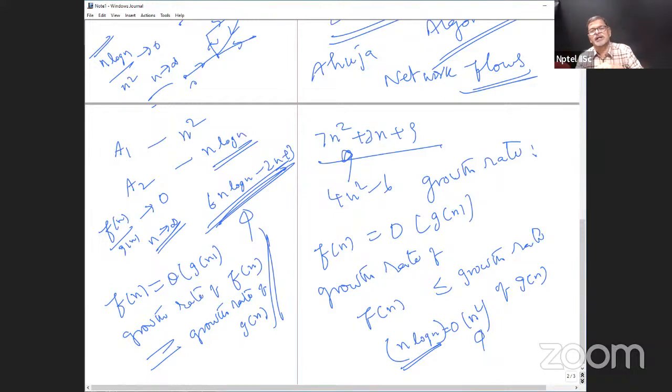That is the objective. In order to judge which one has a higher growth rate and which one has a slower growth rate, we use theta and big O. It's just a mathematical way of saying they have the same growth rate, or one has a higher growth rate. These things are said using a notation.